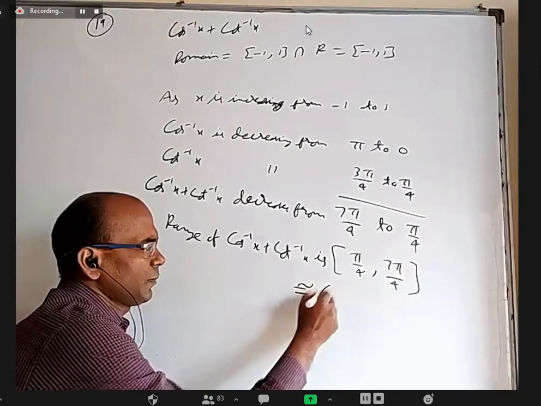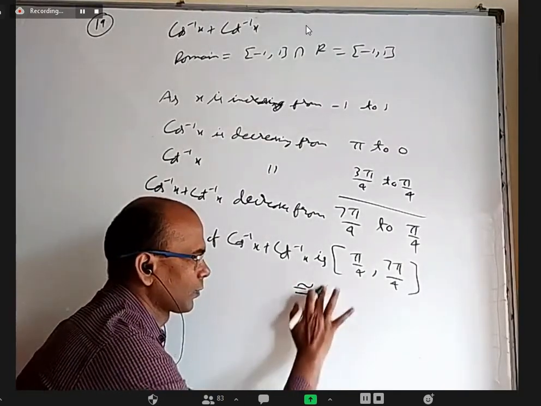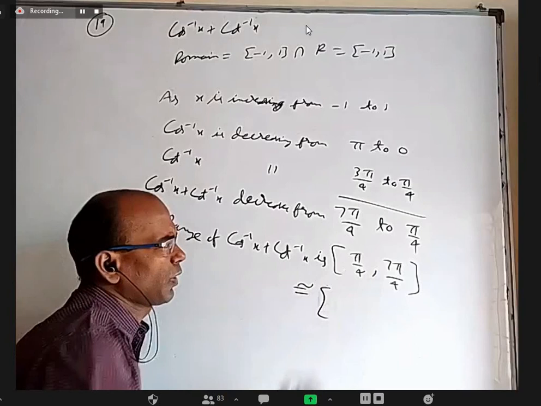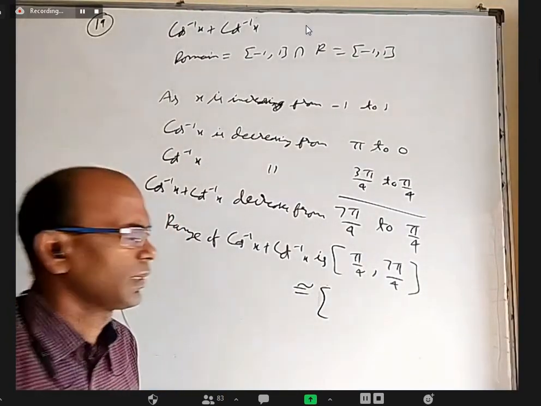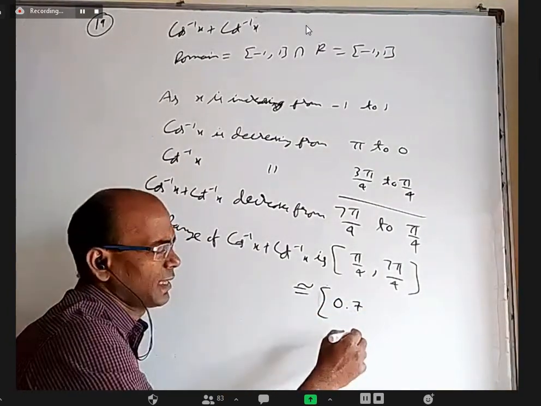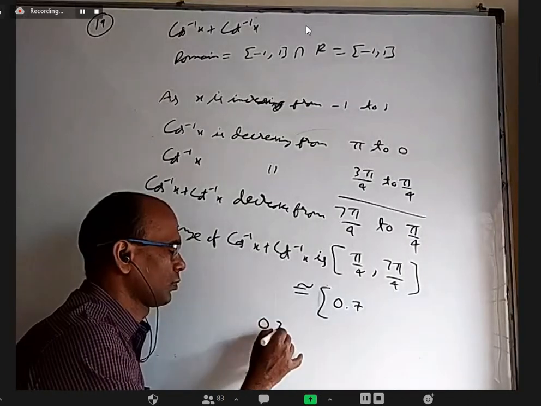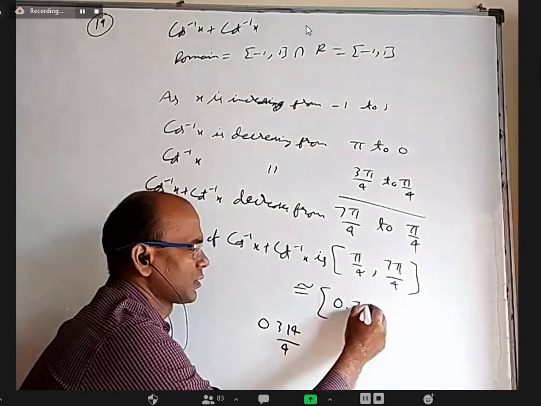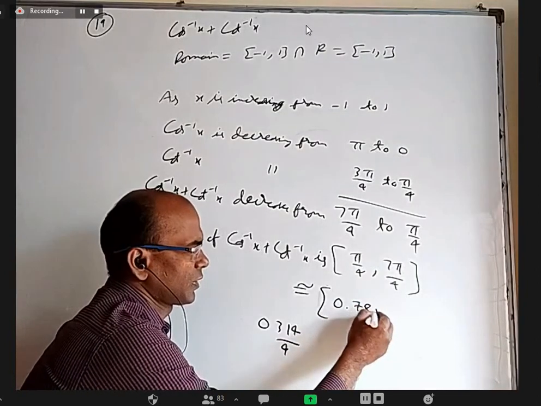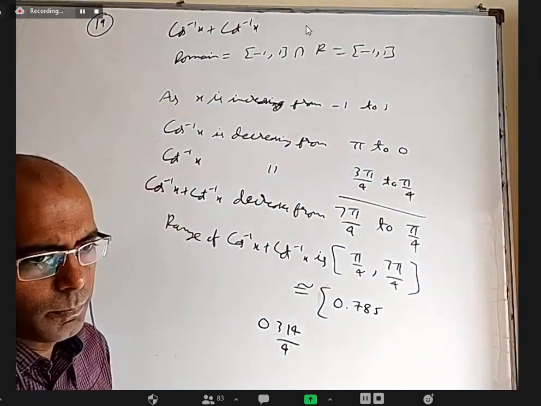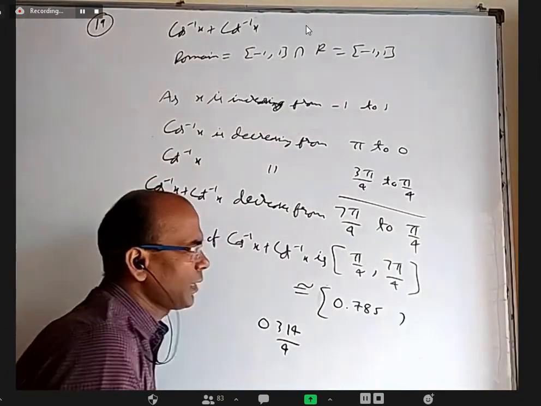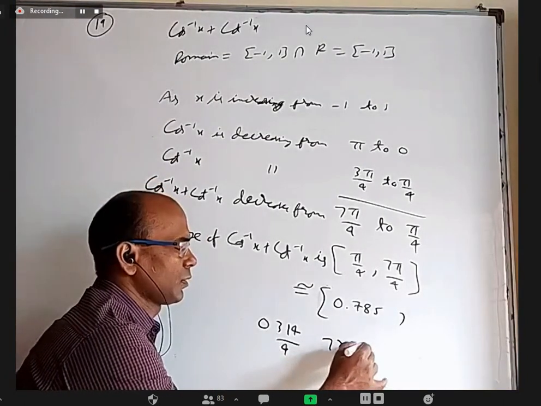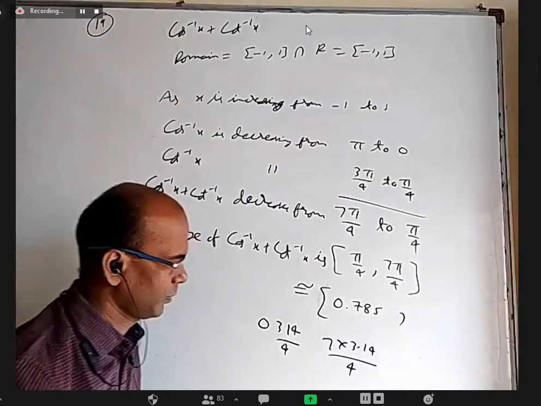Which is roughly, 3.14 by 4 is something like 0.785 roughly. Whereas 7 pi by 4 is 7 into 3.14 by 4.